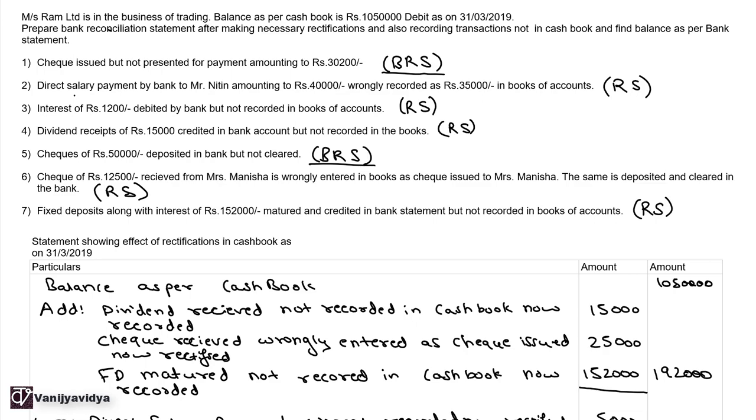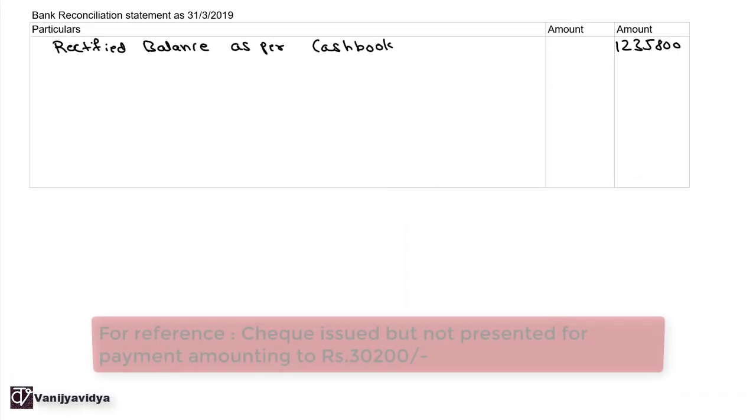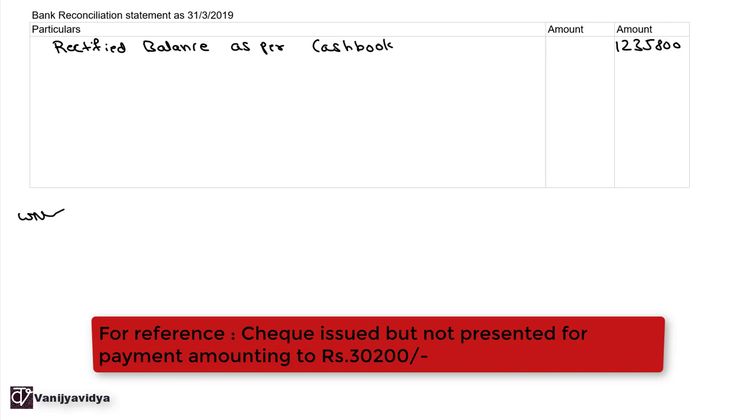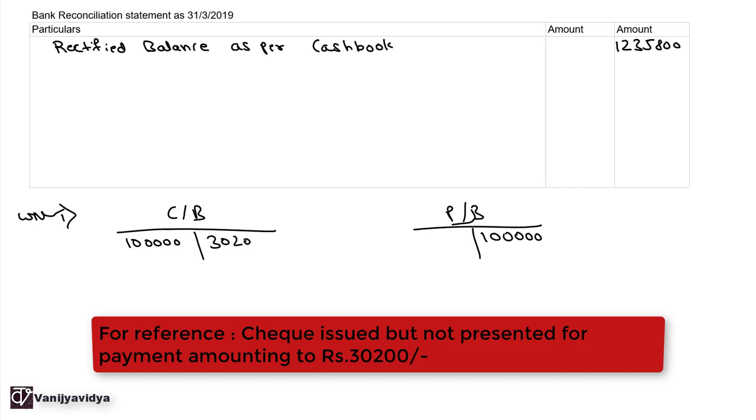Let's prepare a working note for this. Working note for bank reconciliation statement. So working note number 1. So cash book, passbook. Let's assume the balance as 1 lakh debit as per cash book and 1 lakh credit as per passbook. Now there are checks that are issued. So on the credit side of cash book we have 30,200.